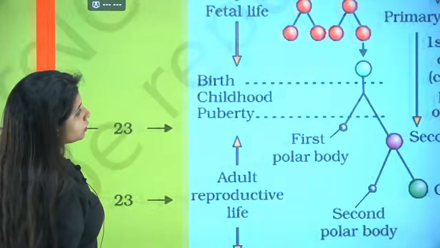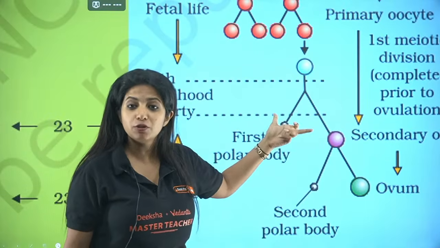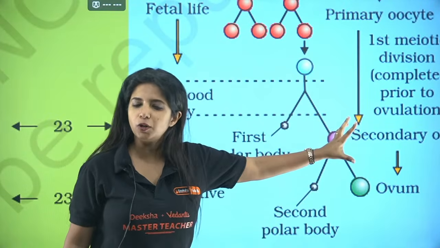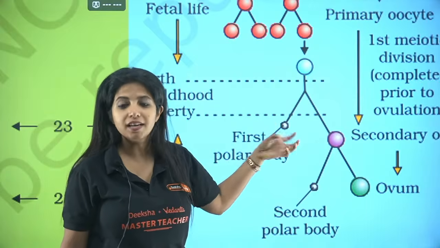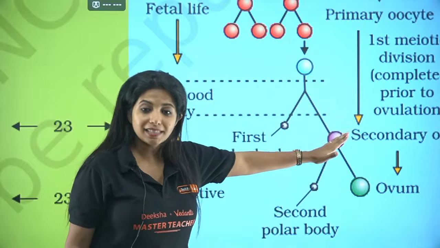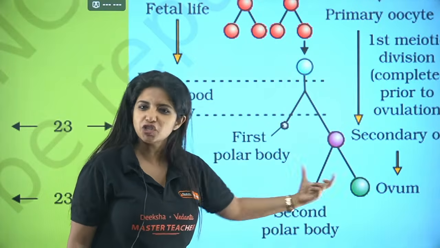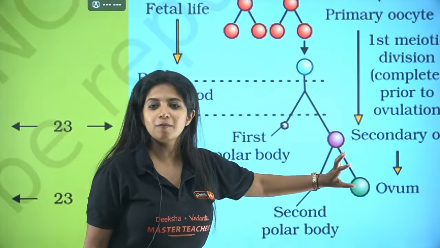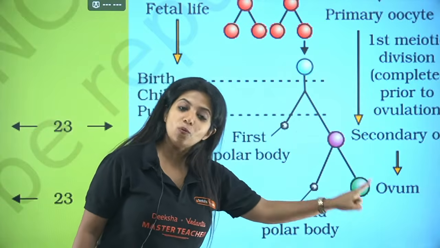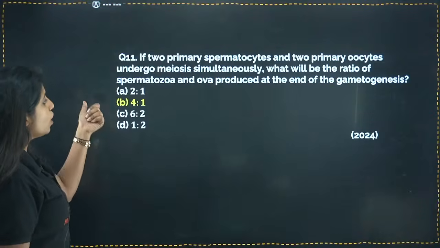But over here when meiosis happens, there is unequal division. One cell takes up all the cytoplasm and this cell does not get anything. So this is the first polar body, it cannot undergo meiosis anymore. This cell, the secondary oocyte, is the only one to undergo meiosis. Again the same thing happens, only one cell is formed and that is the ovum. So basically you get only one at the end and there you get 4, which is why your answer for this question is going to be 4:1.